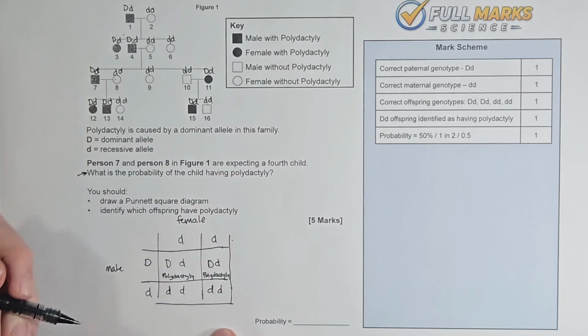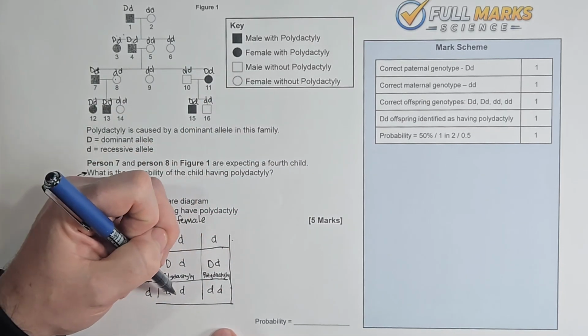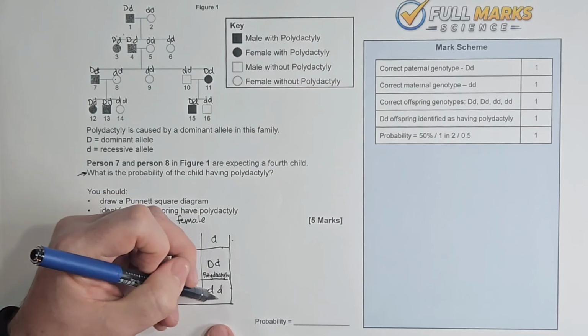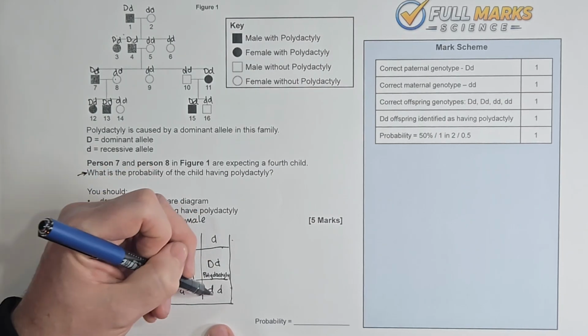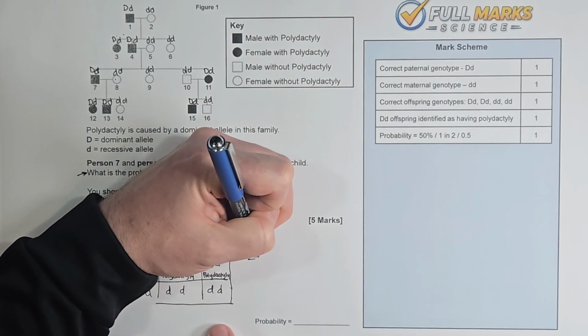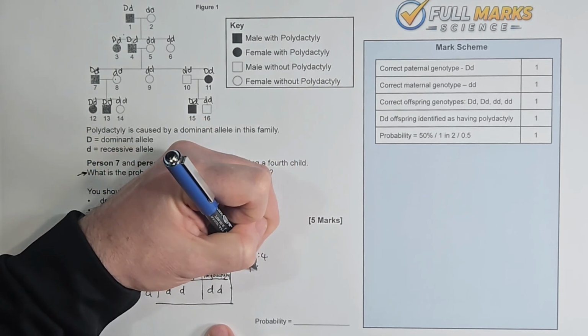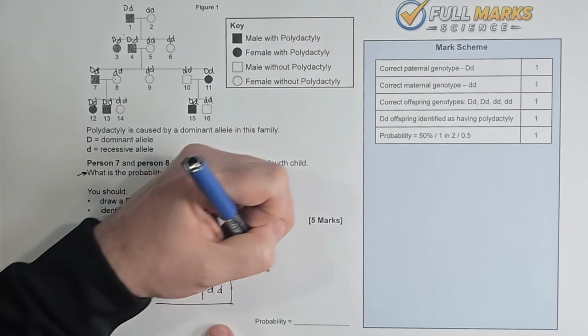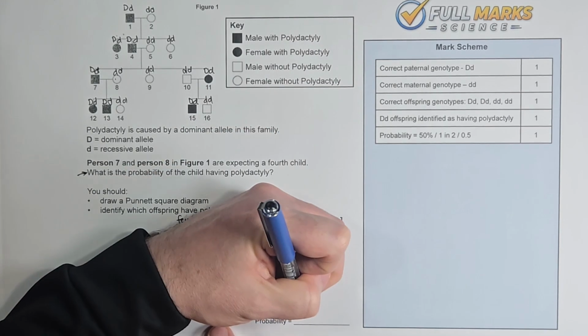And now probability, quick as. So we've got 1, 2, 3, 4 offspring there. 2 of them will have it out of the 4. So I can say it's going to be 2 out of 4, which is going to give me 1 out of 2 when I simplify it, or I can just say half of them, 50%.